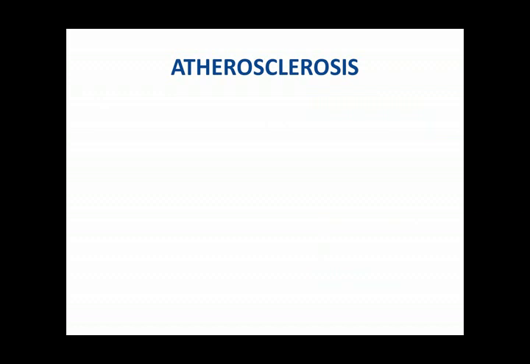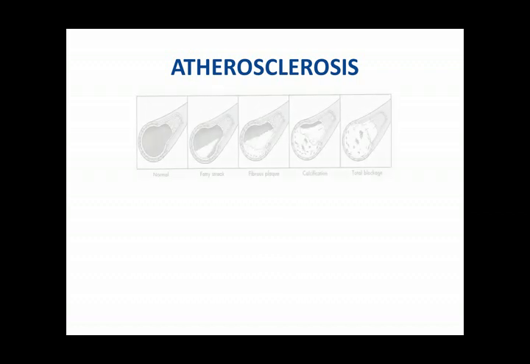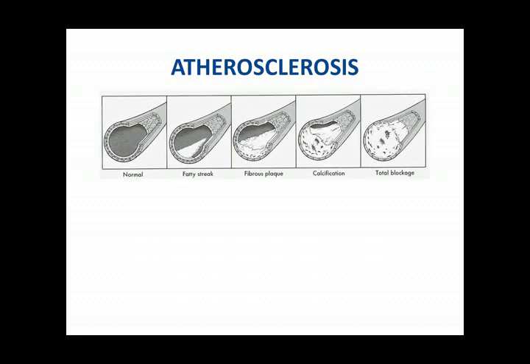Atherosclerosis is the main problem. It is a part of the disease. Starting normally, it is fatty streak, and then the fibrous plaque and foam cell formation, and then calcification can occur and total blockage can occur. These are the stages which are seen in front of you. Start from the normal.